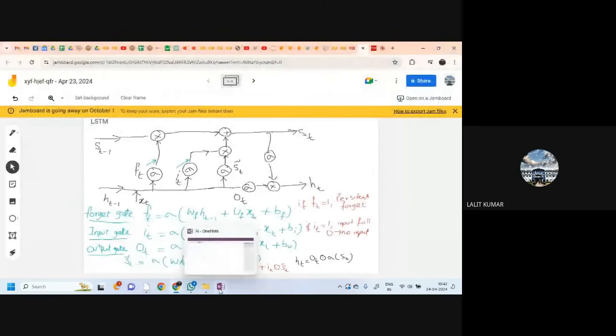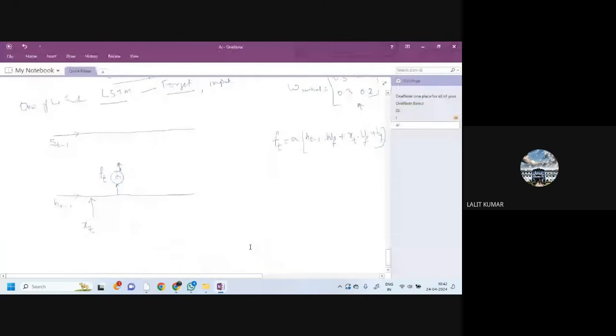The next gate is the input gate. So this FT controls the input from HT minus 1 that I want to forget. The second gate is here, and from here we get IT, the input gate.